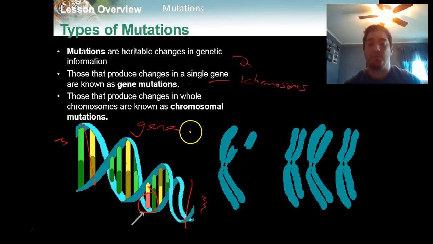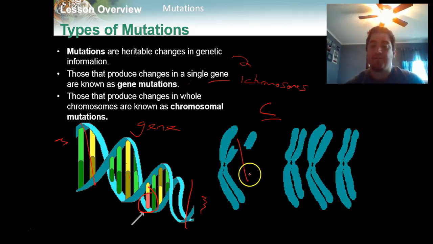And this is different than a chromosomal mutation, as we see here on the right, where I'll label it C. A chromosomal mutation refers to a change in that whole chromosome. For example, in this first one here, we actually severed off a piece of the chromosome. So now this chromosome is missing all the information from here on up because this piece left.